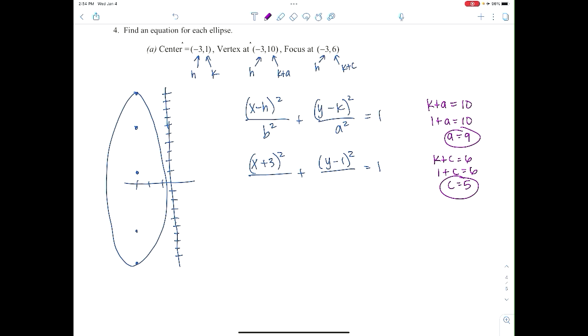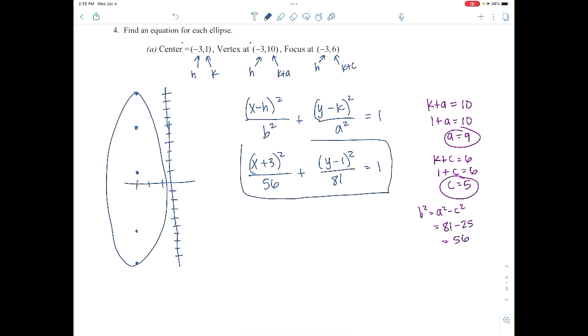Now neither of these gives us b, so we're still going to have to solve for b. b squared equals a squared minus c squared. This gives us 81 minus 25, which gives us 56. Now we were looking for b squared and a squared. So let's fill in our b squared, that's 56. Our a squared is 9 squared, so 81. And now we have all of our pieces and we have an equation.